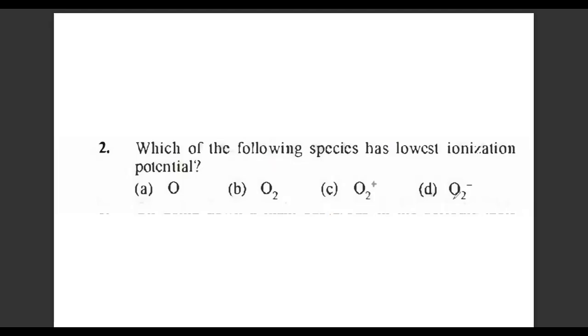And see, the additional pi molecular electron in O2 minus is added to the less stable antibonding orbital. Hence, it is easy to remove that electron from the O2 minus ion. Thus, the ionization enthalpy or ionization potential of O2 minus would be the lowest. So D would be the answer to question number two.